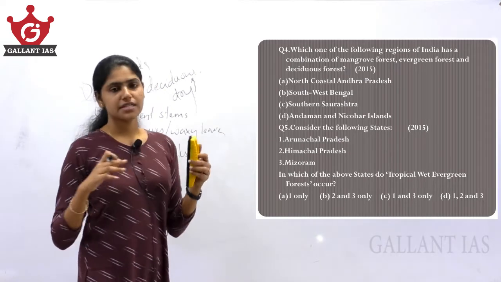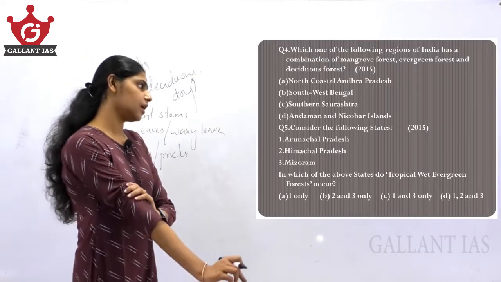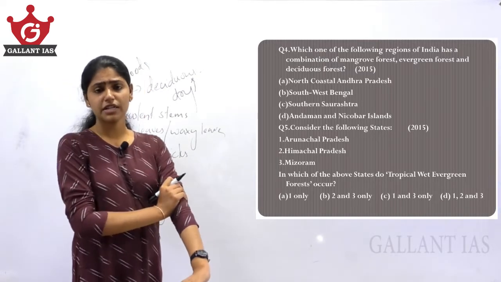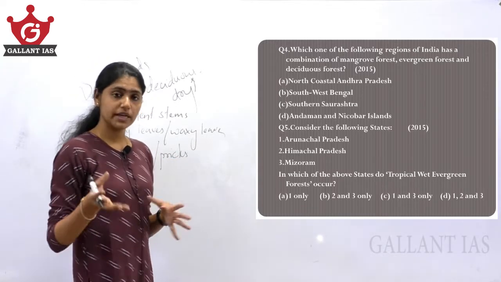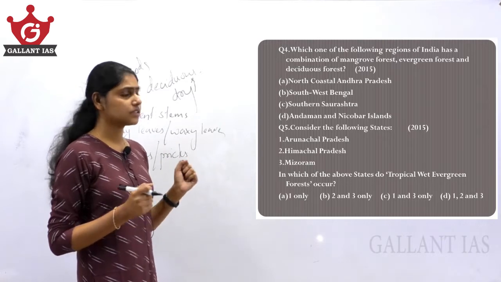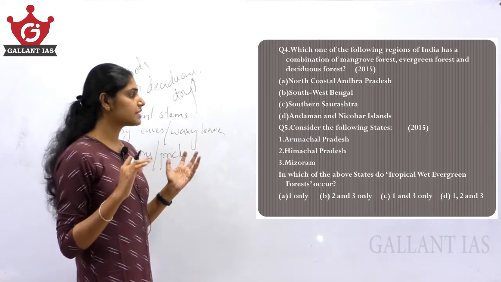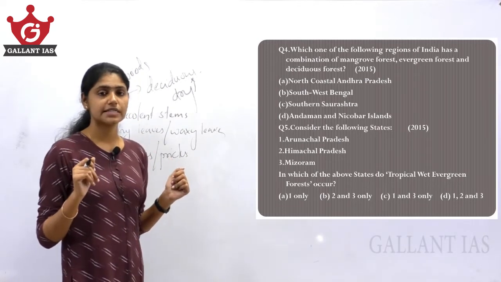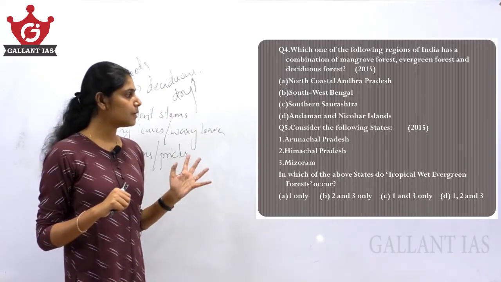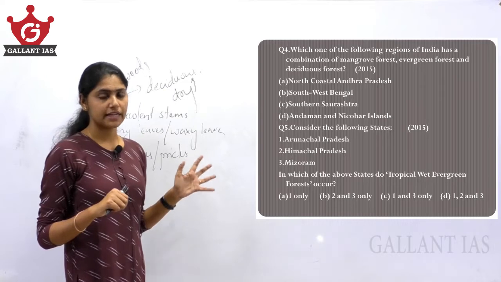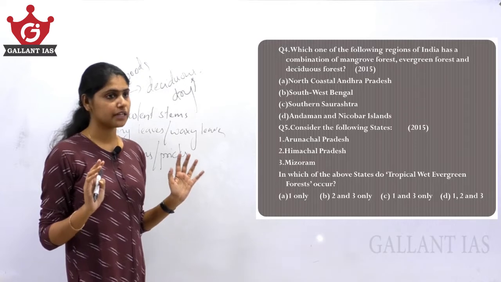So it is very well known that the Andaman and Nicobar Islands is a very well acknowledged biodiversity hotspot, and it is having various types of forests, including the tropical rainforest or the tropical evergreen forest, the moist deciduous forest, you can see the mangrove forest as well, and also the littoral forest in the Andaman and Nicobar Islands. It is very much diverse. So here your answer is option D, Andaman and Nicobar Islands.